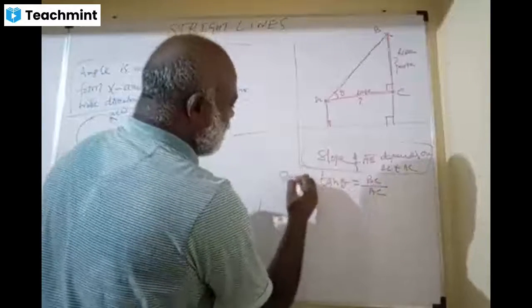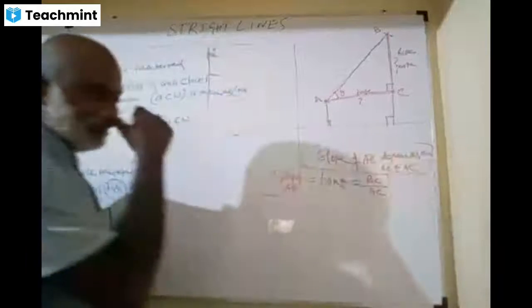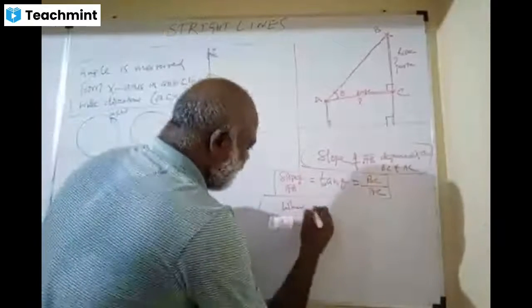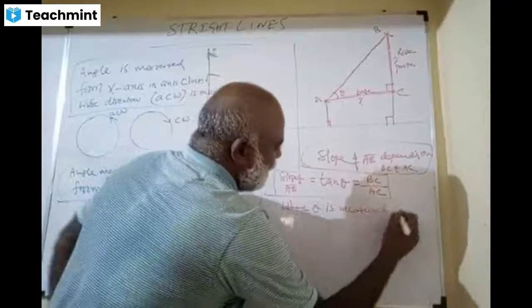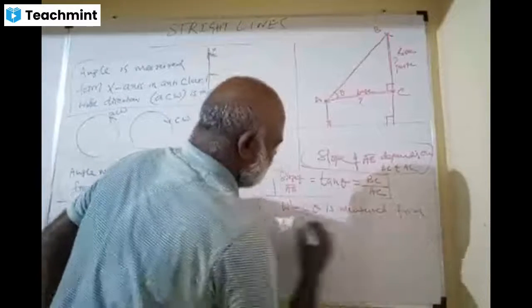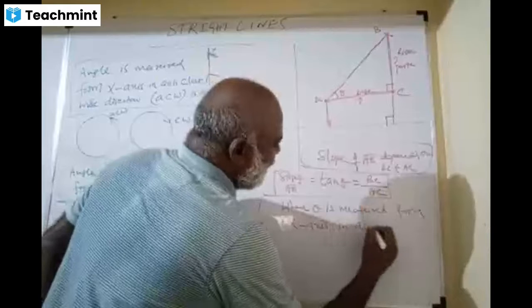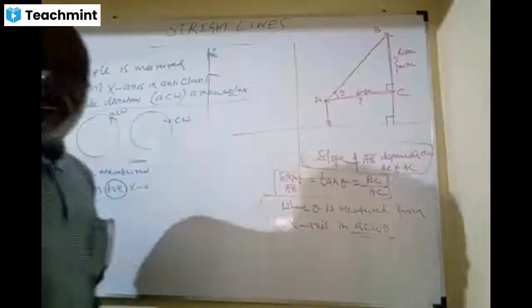Therefore, the slope of AB is nothing but tan theta, and nothing but BC by AC, where theta is measured from the x-axis in the anti-clockwise direction.